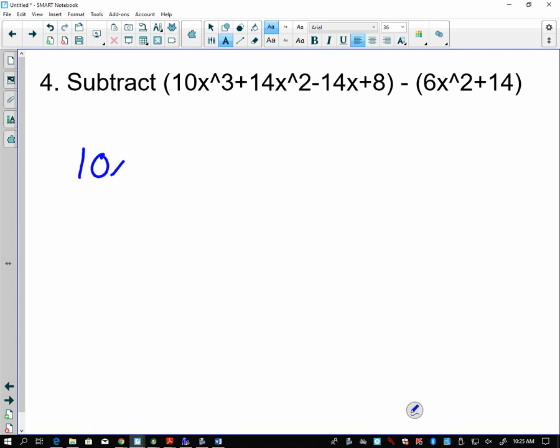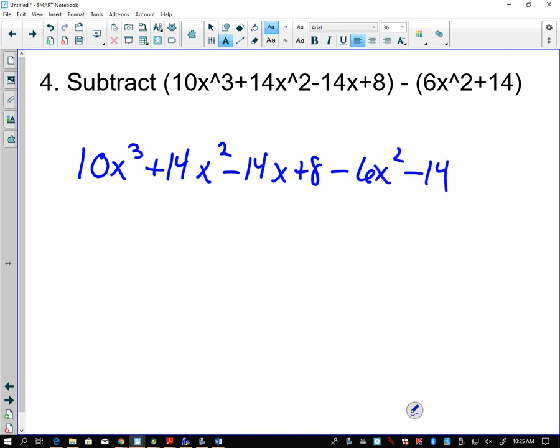We've got 10x cubed plus 14x squared minus 14x plus 8. Now what? Let's go ahead and write this as the negative has been distributed. Minus 6x squared minus 14. That negative has to distribute to both of those items. Now what? Just like in the last question, we combine like terms, right?